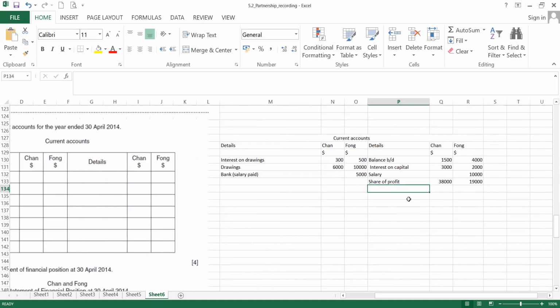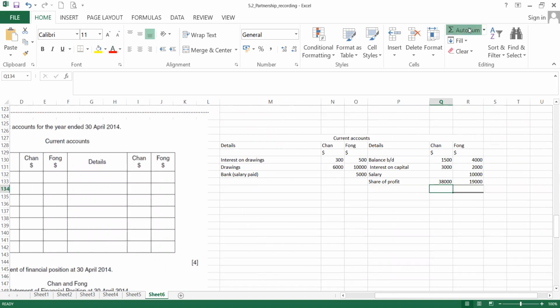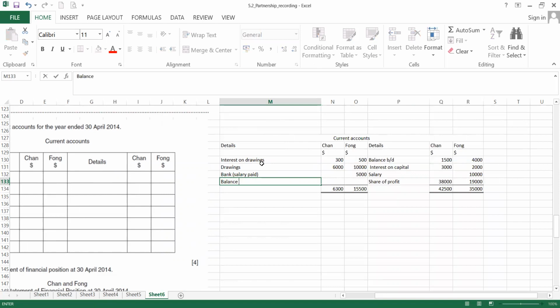Now we start to calculate the debit and credit sides, to see which one is more and which one is less. Let's continue. Subtotal here and subtotal here. Then balance carried down, because credit is more than debit, so we minus these two.